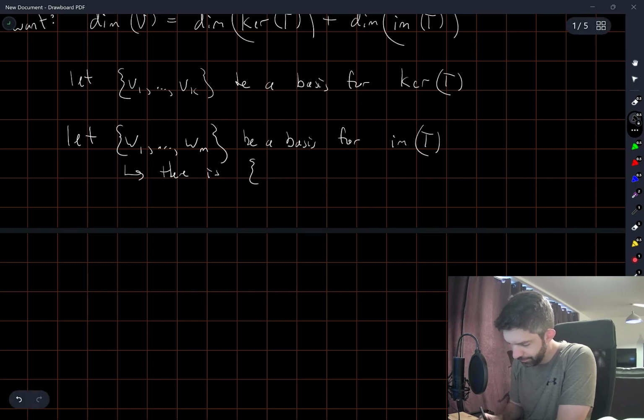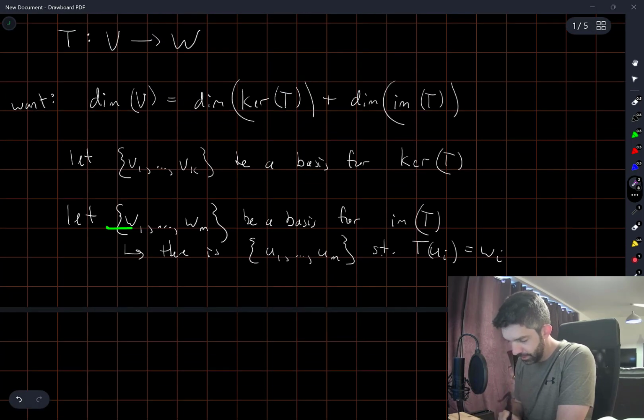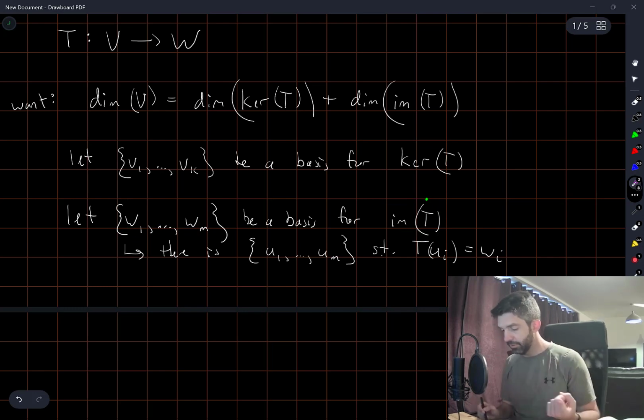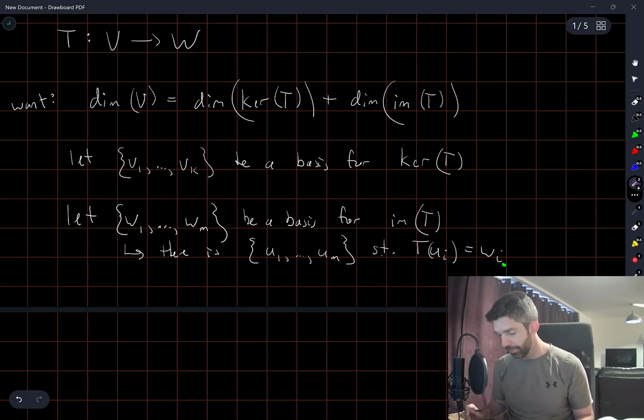Let's use u, u1 up to um, such that T of ui is equal to wi. And that's because this is a basis for the image of T. So in particular, each of these vectors is in the image of T, meaning that there is a vector in V such that T of u is equal to w for each of these w's.